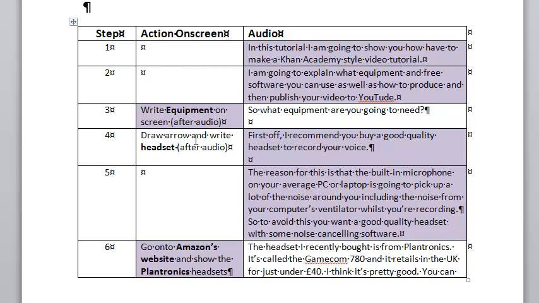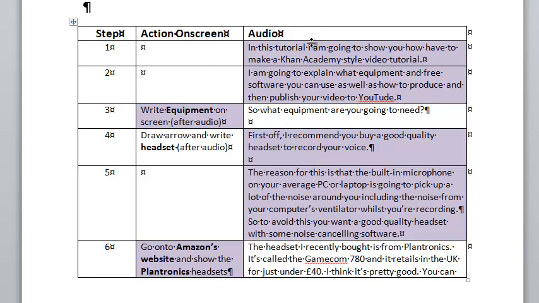So in this case here I would write equipment in SmoothDraw and then say, so what equipment are you going to need? Question. Followed then by some more audio and then some more writing. So it kind of goes like this. The purple colored box says that comes first, and then we kind of oscillate here.